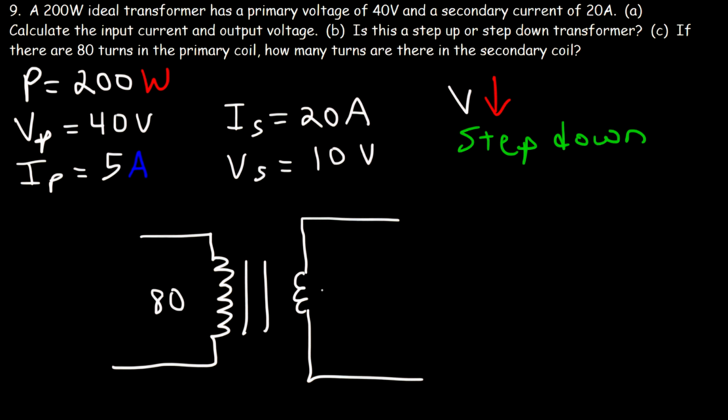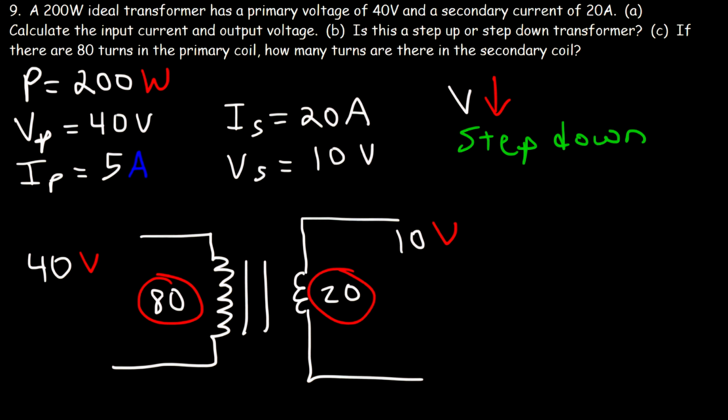The secondary coil has 20. The primary voltage is 40 volts, and the secondary voltage is 10 volts. Because the voltage decreased by a factor of 4, the number of turns must also decrease by a factor of 4. So it went down from 80 to 20.